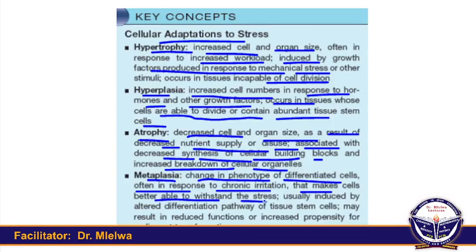Kwa ile stress ya moshi, seli ili ziweze kuwithstand zinamua zichange tu kwenda kwenye squamous, usually induced by altered differentiation pathway of tissue stem cells, and may result in reduced functions or increased propensity for malignant transformation. Ndio maana nimekwambia mtu anayevuta sana sigara baadaye mwisho wa siku atapata malignancy katika trachea yake.